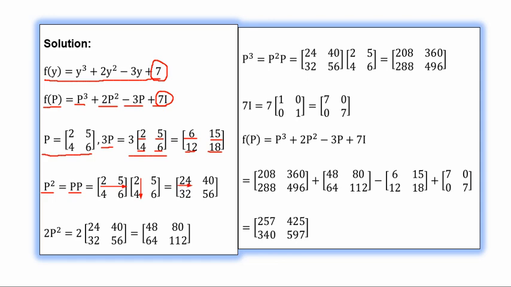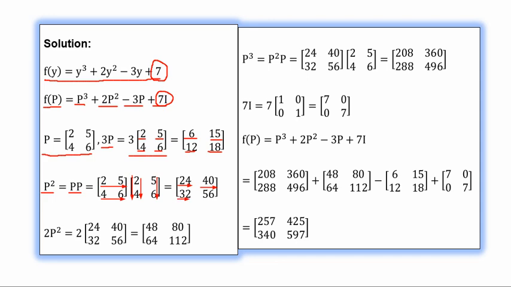24. The same first row times second column. 2 times 5 plus 5 times 6. That gives 40. You take the second row now times the first column. That is 4 times 2 plus 6 times 4.